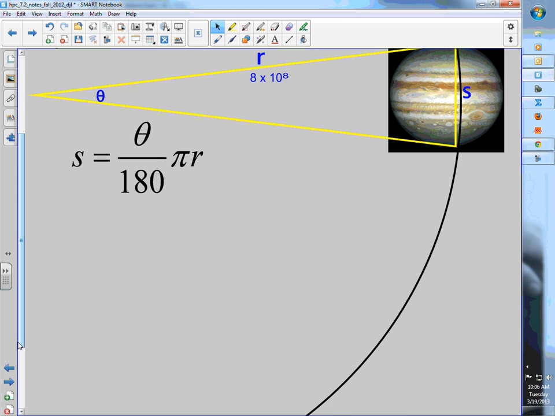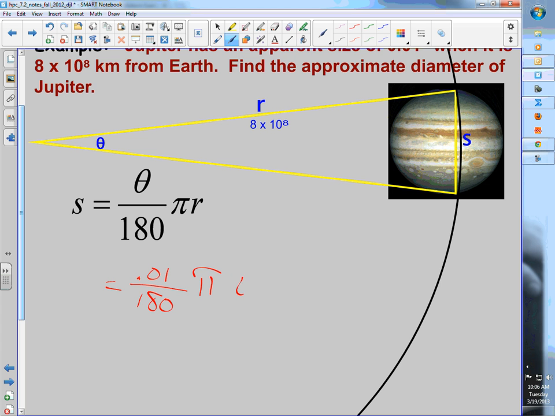You're going to go 3 decimal places on this. So 0.01 over 180 times pi times the radius, which was 800 million kilometers. You're going to want to get out your calculator and press the pi button to figure out what that actual diameter is going to be.